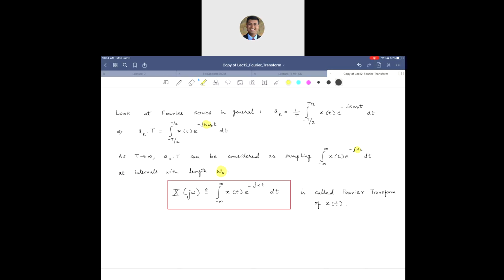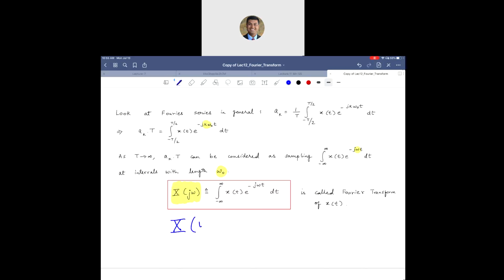So the definition of Fourier transform is capital X of j omega. You are using capital X. Sometimes textbooks use bold capital X. I simply put a bar over the top and the bottom to indicate that it is a capital letter, so there is no confusion with the small letter.